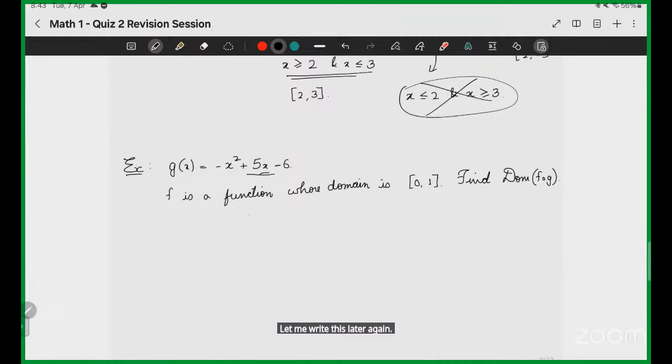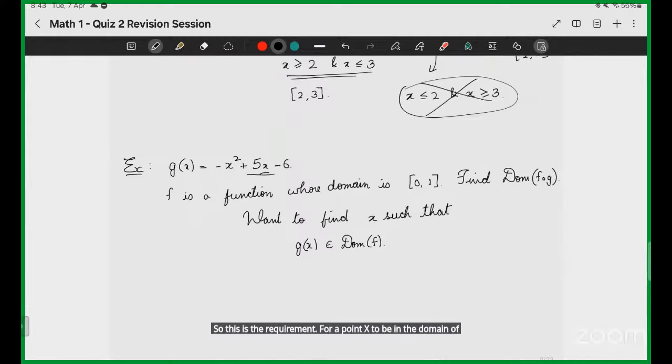you want to find x such that g of x belongs to the domain of f. So this is the requirement for a point x to be in the domain of the composite function.